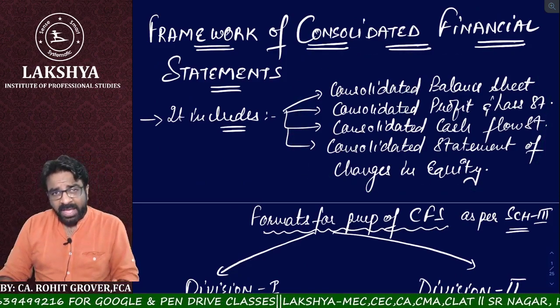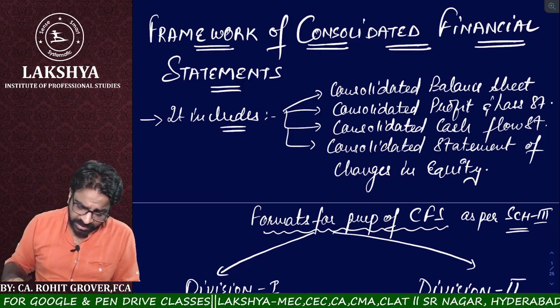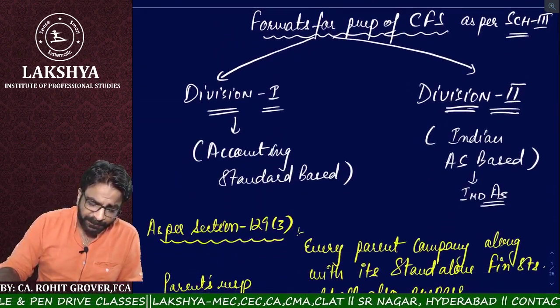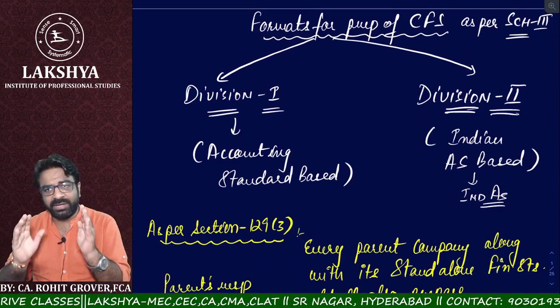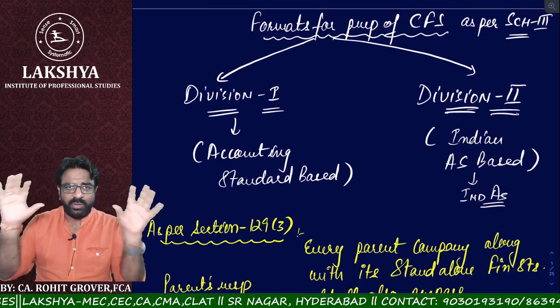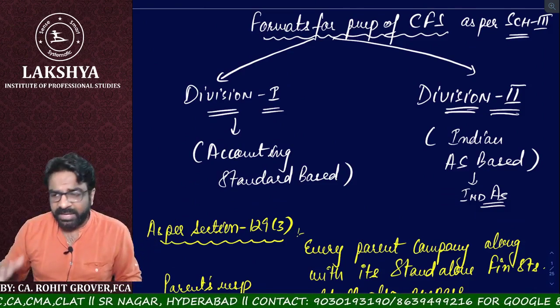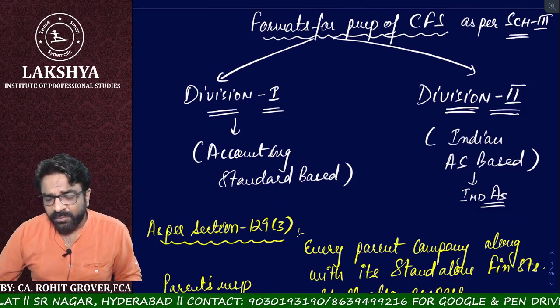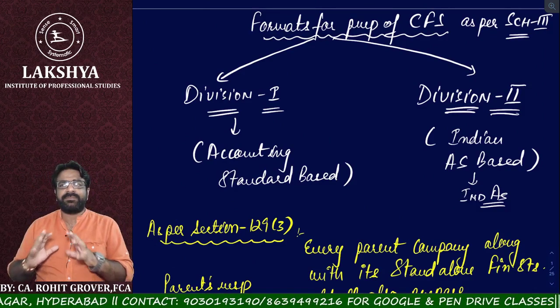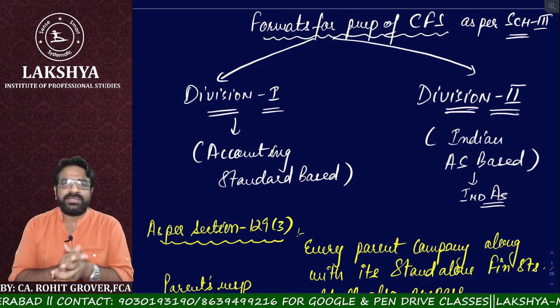Now, along with the consolidated financial statement framework, there is a very important thing we have to understand before entering into the chapter. Right now, what we are doing is the introduction of the chapter, how we are going to read the chapter as a whole. When we talk about consolidation, there are two types of companies in India basically.